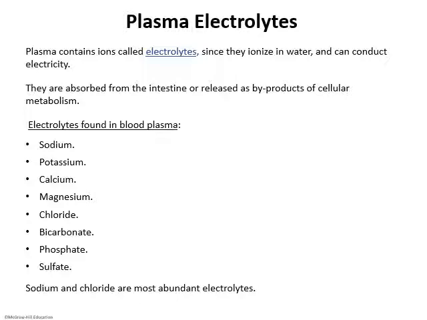They are going to be absorbed from the intestine or released as byproducts of cellular metabolism. So the common ones are sodium, potassium, calcium, magnesium, chloride, bicarbonate, phosphate, and sulfate. Sodium and chloride are the most abundant, and that's typically because your table salt is a combination of sodium and chloride, so we eat large amounts of that, and thus we have high levels of both of them.